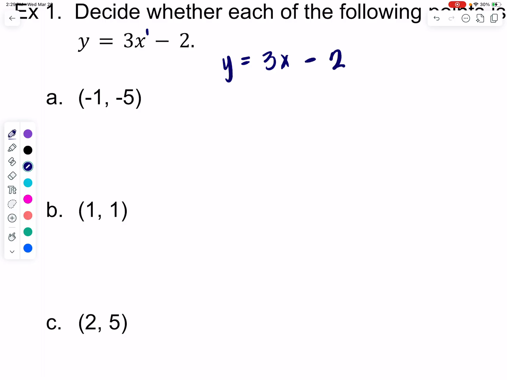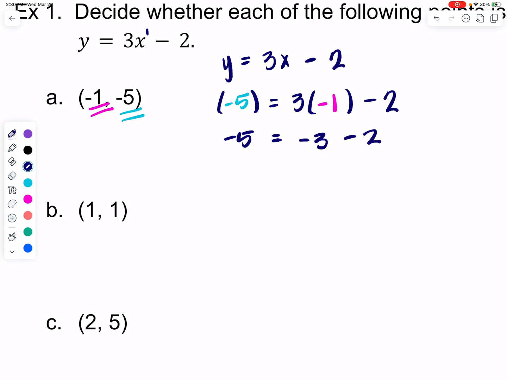For part A, I'm going to leave a hole for the y and a hole for the x. I'm going to plug the -1 in the x spot. I'm going to plug the -5 in the y spot. So I get -5 is equal to, I know 3 times -1 is -3. I get -5 equal to -5.